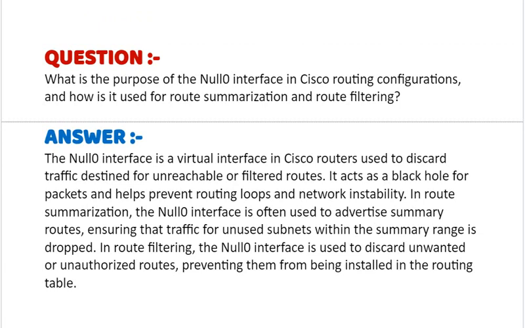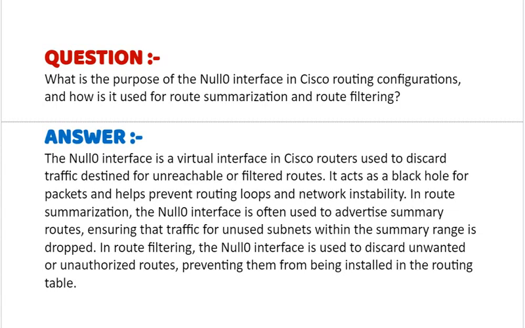Your answer should be: the Null0 interface is a virtual interface in Cisco routers used to discard traffic destined for unreachable or filtered routes. It acts as a black hole for packets and helps prevent routing loops and network instability.